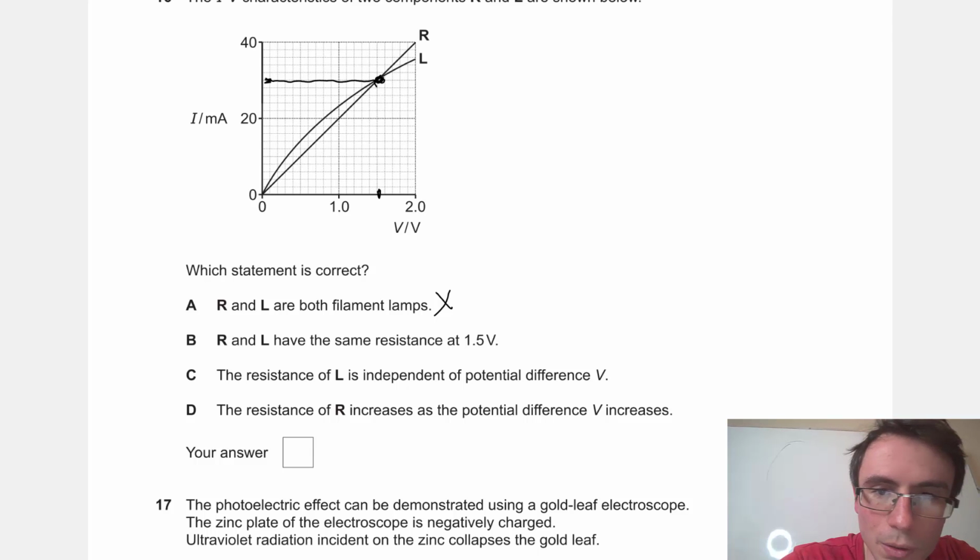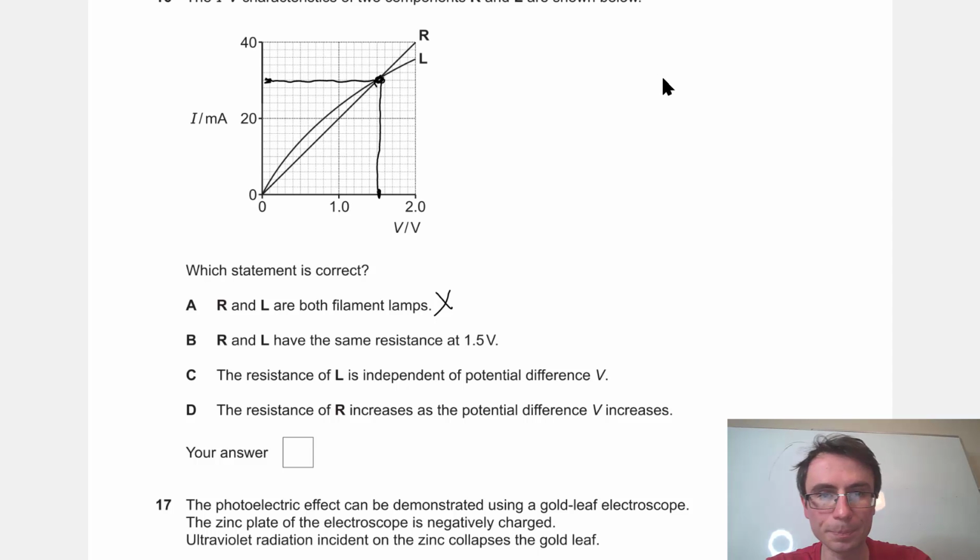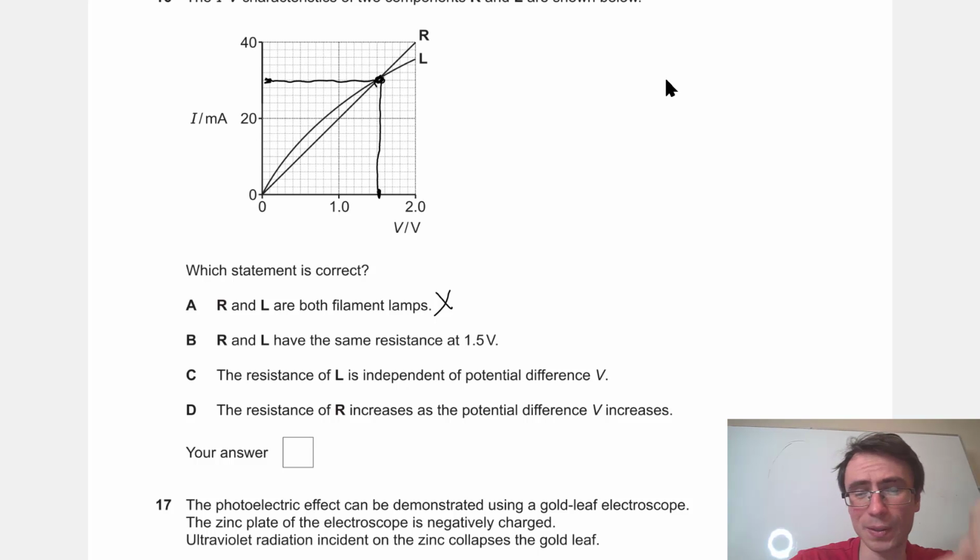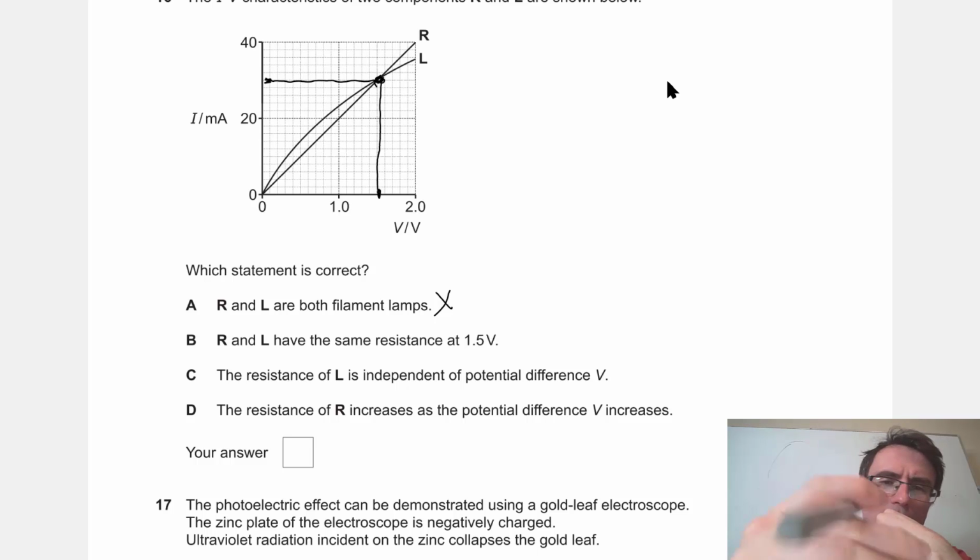I need a ruler. Okay, so we're going to need to calculate this, I'm afraid. So resistance is V over I. They cross at that point, meaning they're going to have the same resistance and the same current as well. So that seems correct.